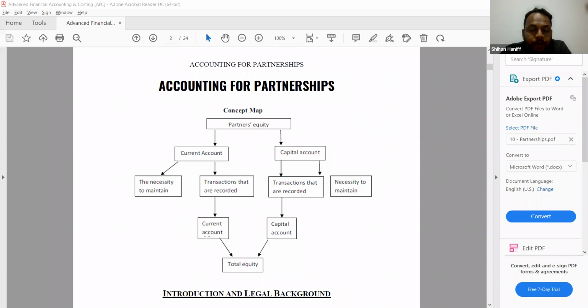Let's say, for an example, if there are two partners, the profit has to be distributed for both the partners. So the way of distributing the profit also depends on how much they contribute to the partnership.